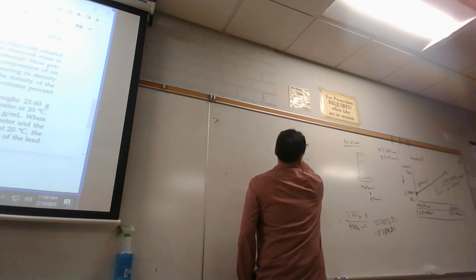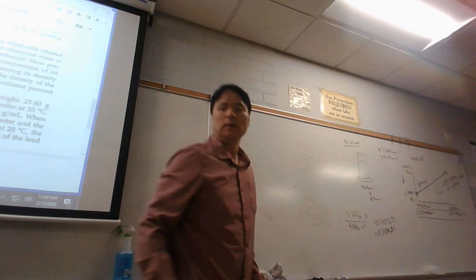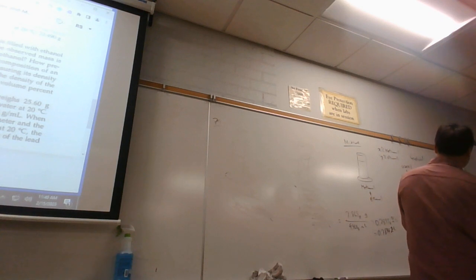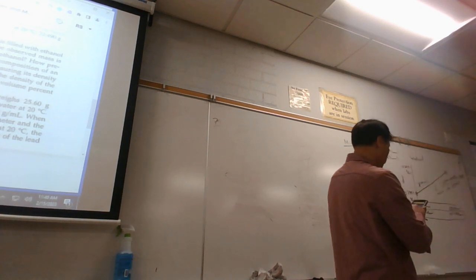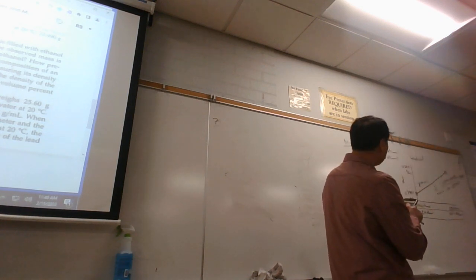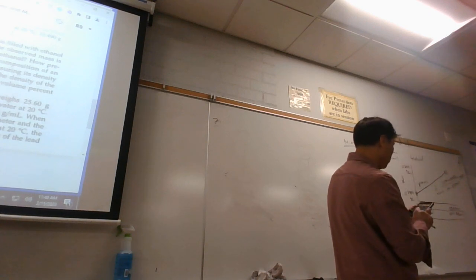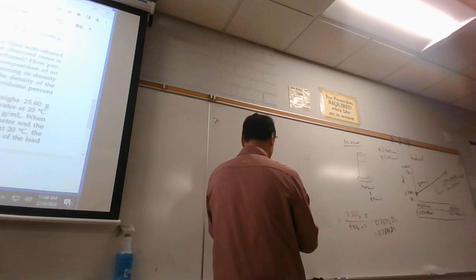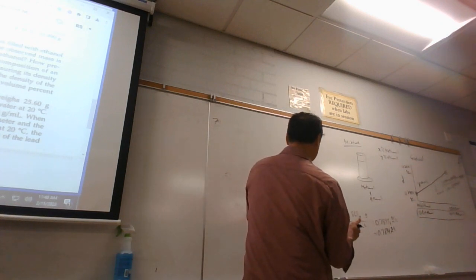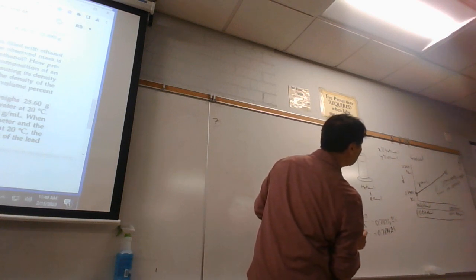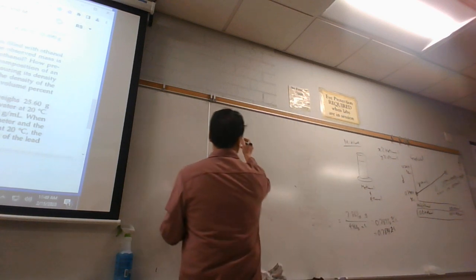So let's go ahead and get the equation here. 0.7914 minus 0.7894 equals. Okay, how many decimal places am I allowed here? 4.